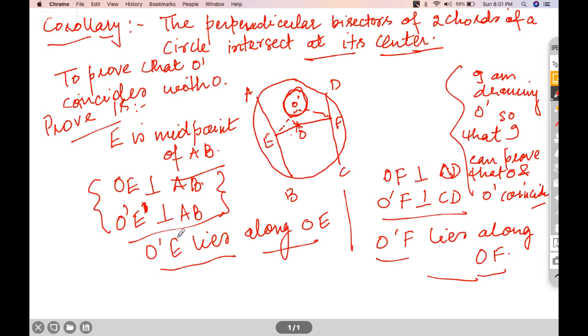So this I am writing on the basis of previous theorems which I just proved, and this I have assumed, that any other point O dash is taken. So both these cases will not be possible. This will only be possible when O dash E and OE are the same line. So that is why I have written that O dash E lies along OE, and similarly for the other case also.